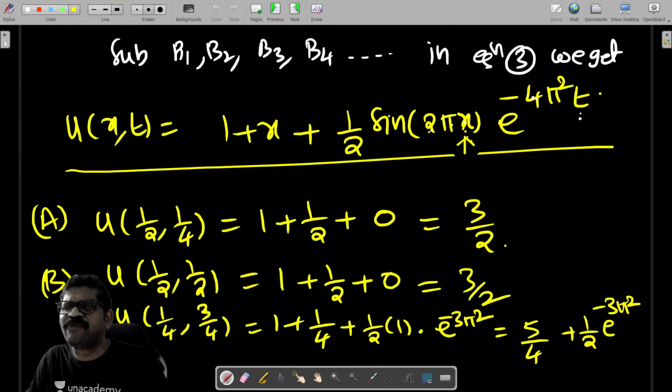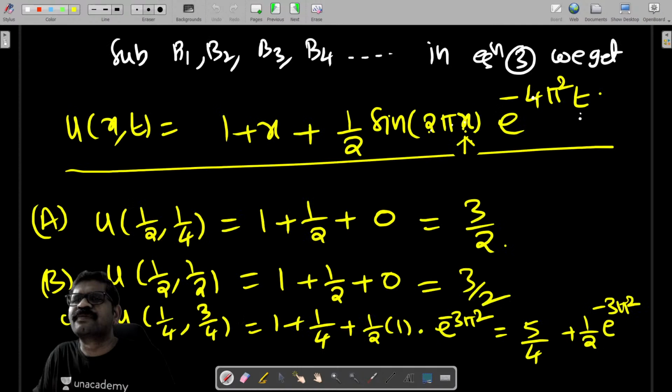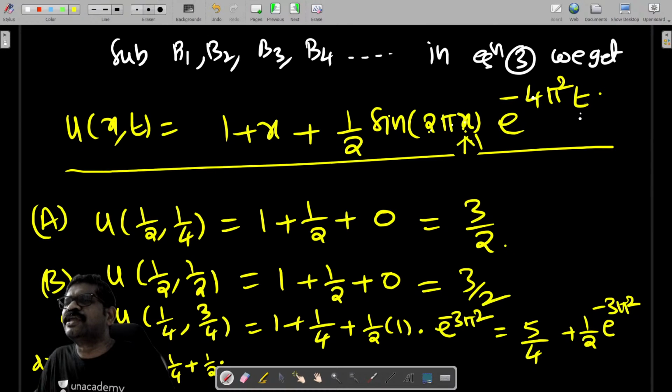u of 1 by 4 comma 1. Next option, if you put 1 by 4 comma 1, 1 plus 1 by 4, okay, 1 by 4, 2 pi by 4, pi by 2, 1 by 2 into 1 into e power, if you put t equal to 1, e power minus 4 pi square.